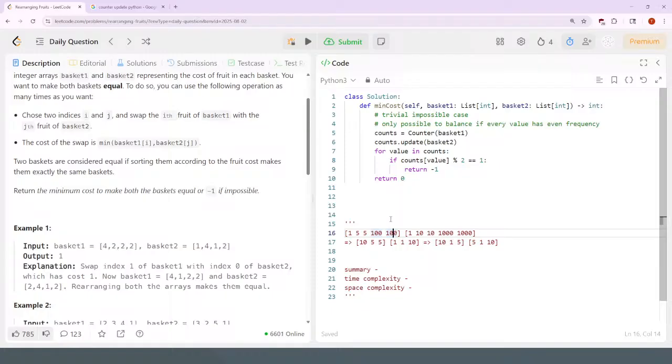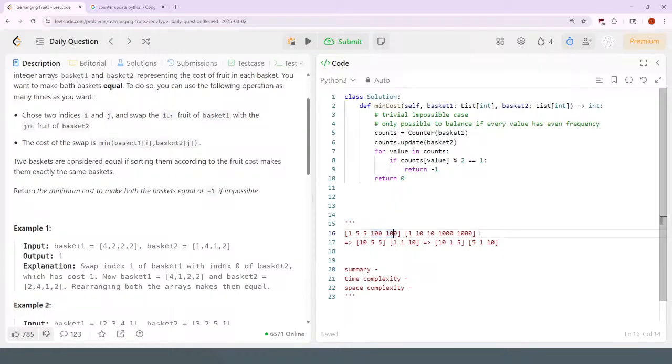And the cost of balancing the pairs directly would be just the minimum of the two values. So if the minimum value is less than twice the ferry value, then use the min value.